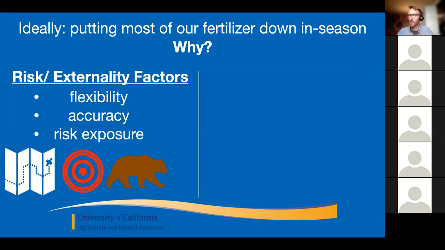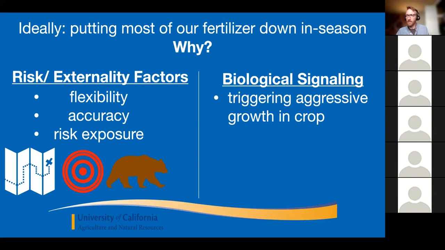We've eliminated some of the chance and some of the random effects that may have occurred in the season, because ideally we're evaluating this in the season, say at tillering, and by that point we have some information about how the season has gone, and so that reduces our risk and allows us to make adjustments accordingly to what we need to put down.